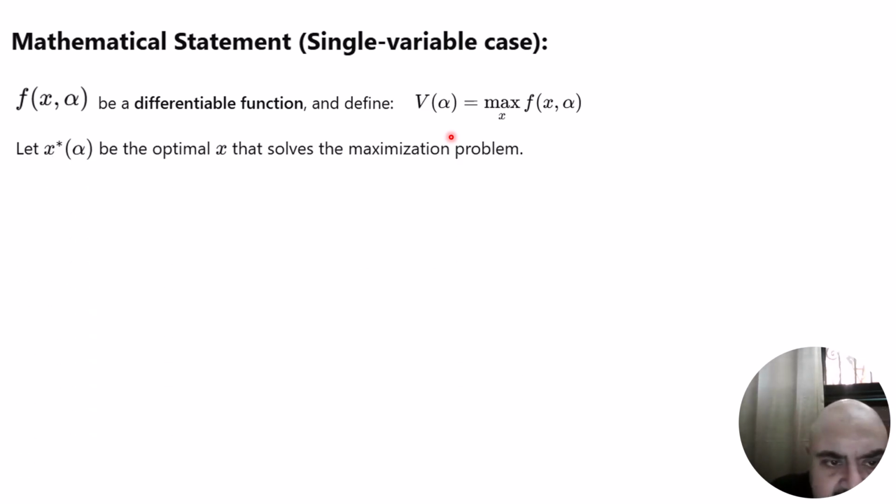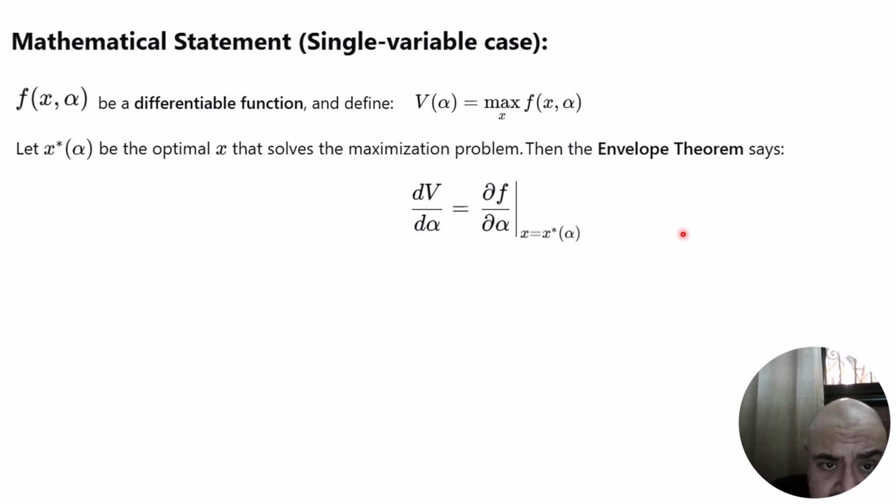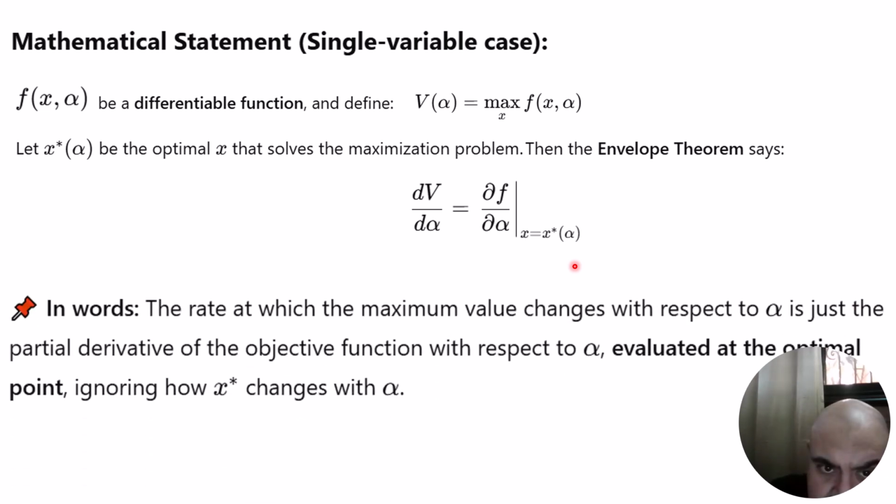f of x and alpha. Let x star of alpha be the optimal x that solves the maximization problem. Then the envelope theorem says that dV by d alpha equals partial f partial alpha, where f is the function that is maximized or minimized, and V is the value of this function at the critical point. Here I will substitute x equal to x star.